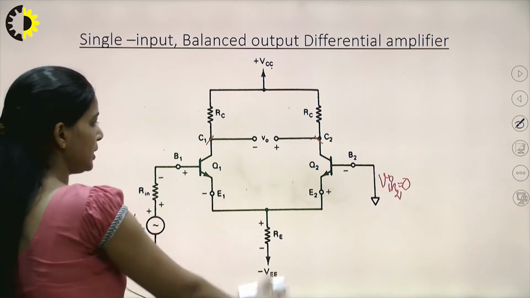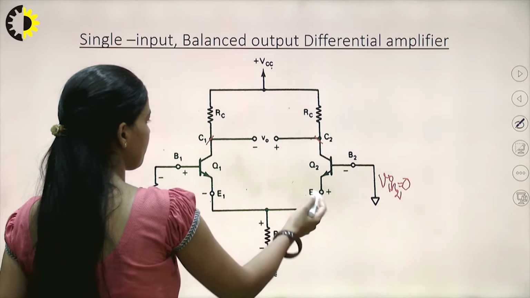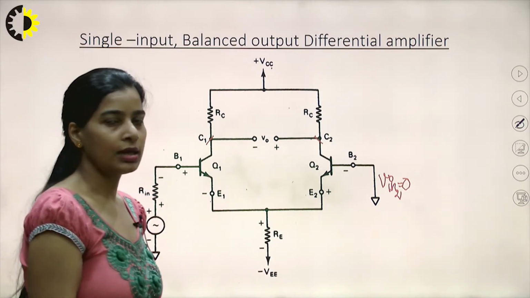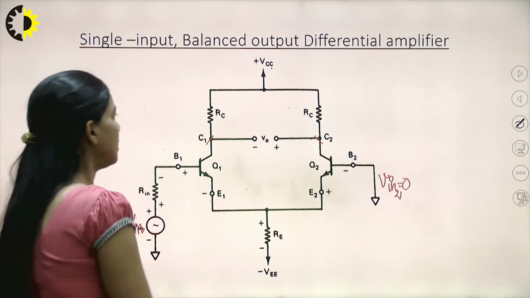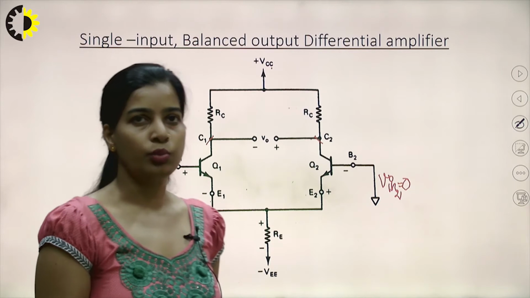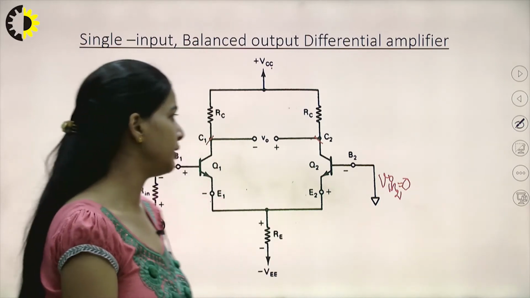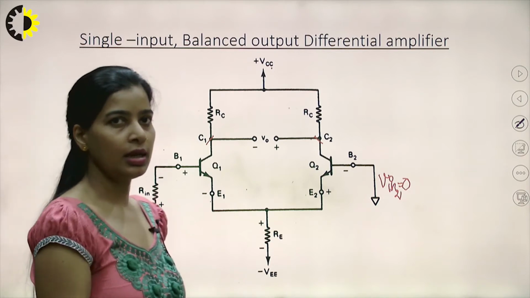This is the RC resistance, that is the equivalent parallel combination of the resistances that are at the emitter of the two transistors. Collector resistances are equal, connected at both the collectors. The devices Q1 and Q2 are identical devices.